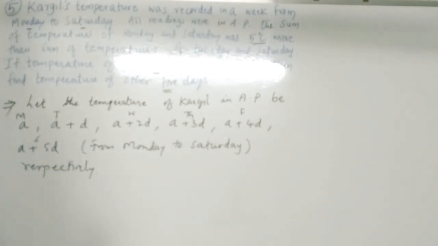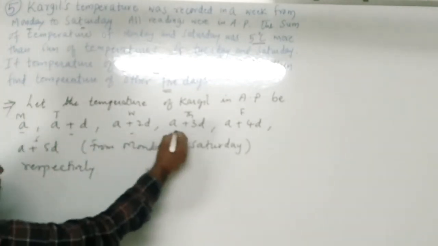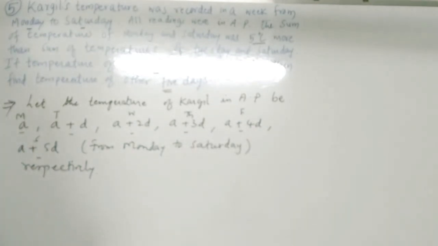Temperature of Kargil from Monday to Saturday be A plus D, A plus 2D, A plus 3D, A plus 4D, A plus 5D respectively. These are the particular terms in AP, arithmetic progression.